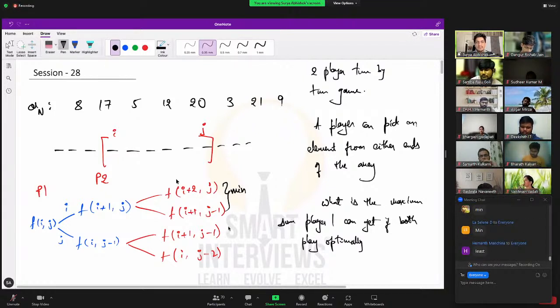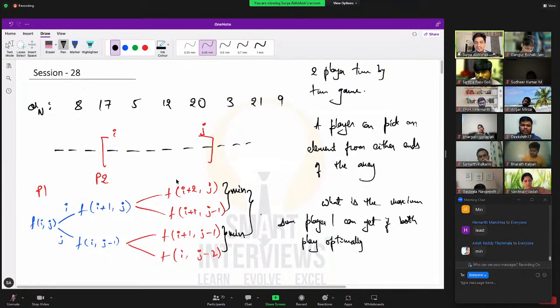Exactly. Because he wants to play optimally. He wants to make sure your sum is minimized while his sum is maximized.